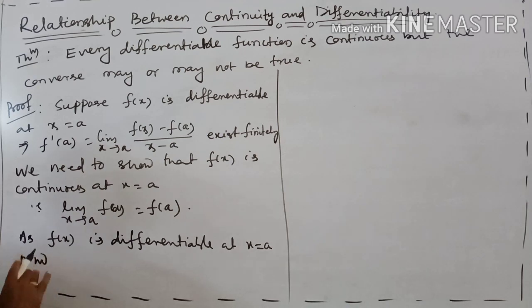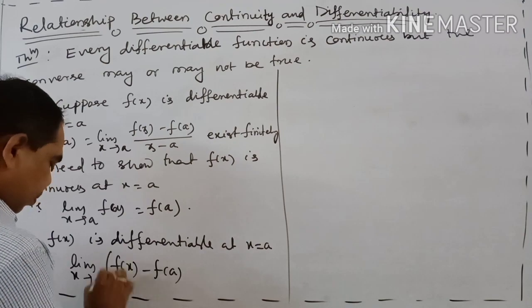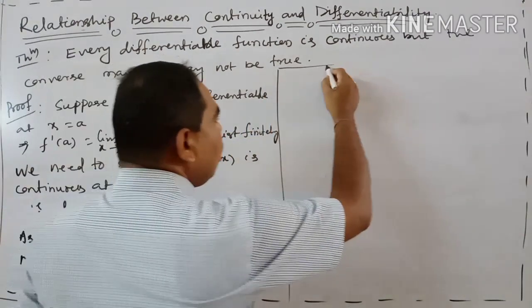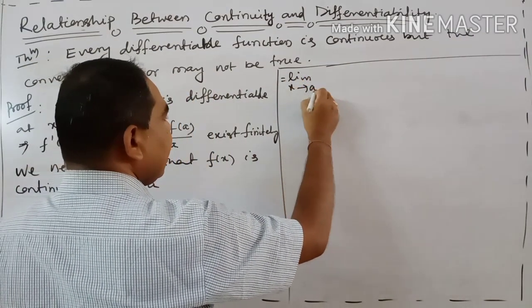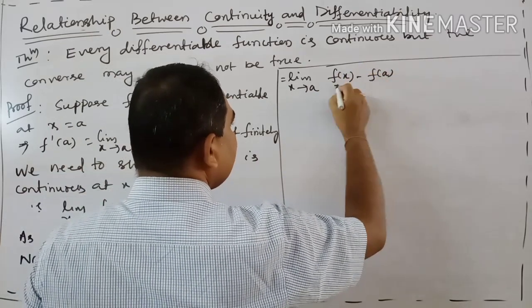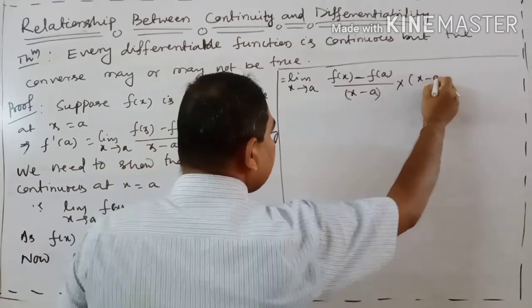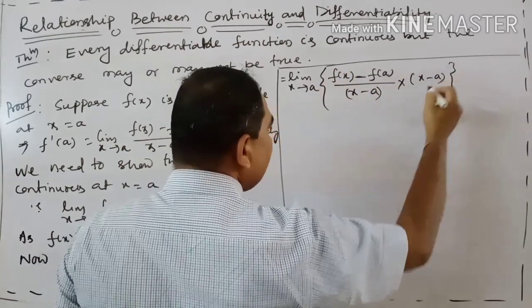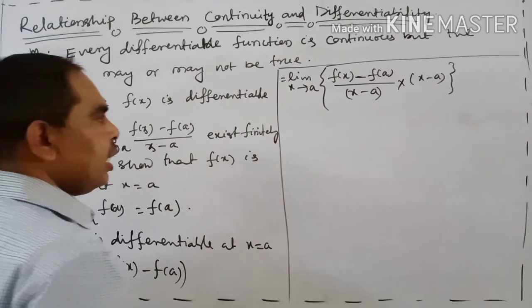Now limit x tends to a, f x minus f a is equal to limit x tends to a, f x minus f a divided by x minus a into x minus a, which means multiplying by x minus a and dividing by x minus a, both numerator and denominator.